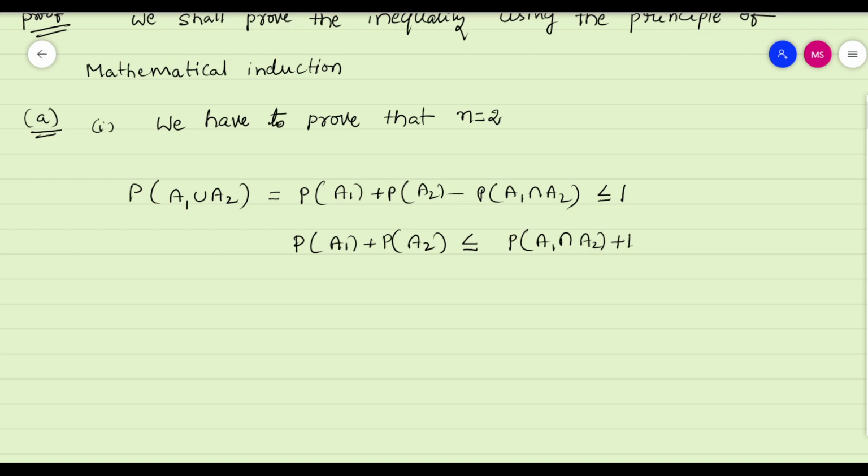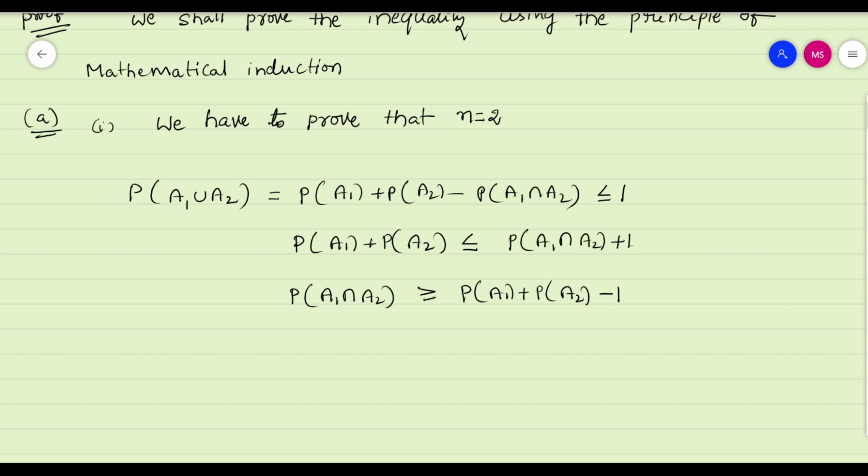Now I want only P of A1 intersection A2. P of A1 intersection A2 is greater than or equal to P of A1 plus P of A2 minus 1.